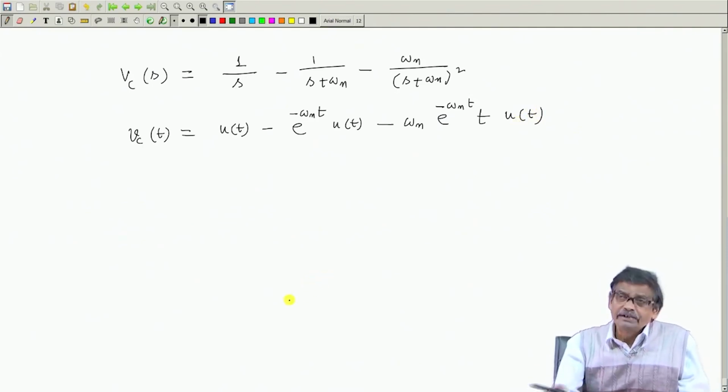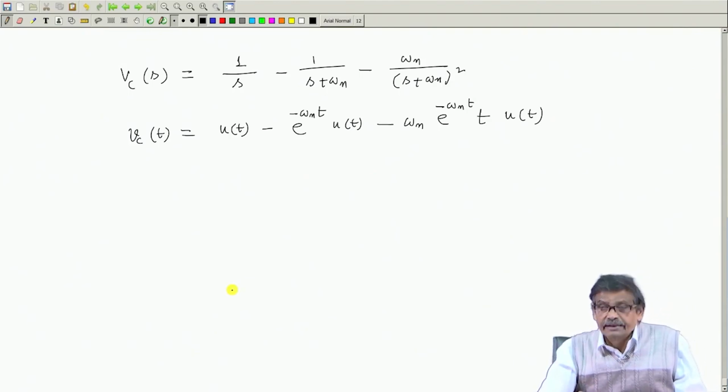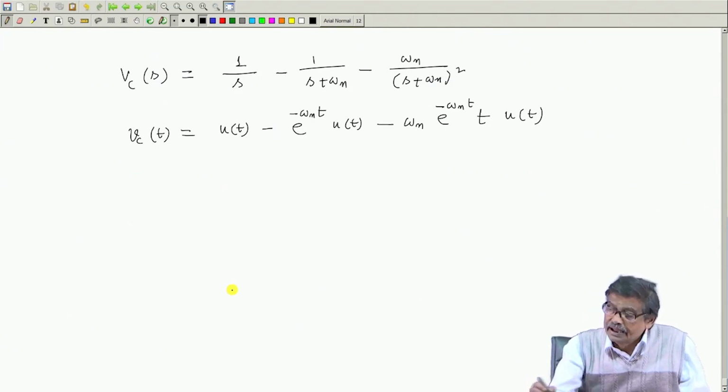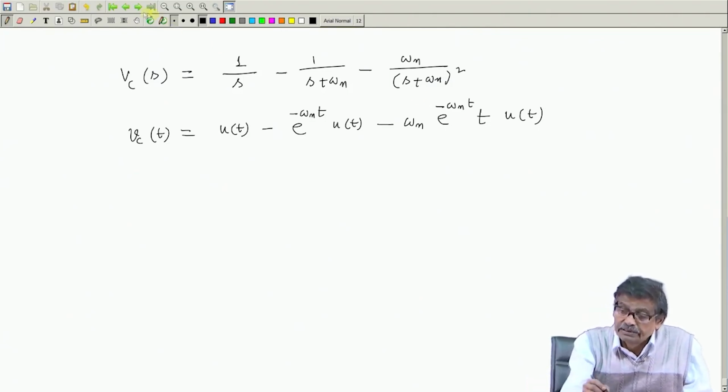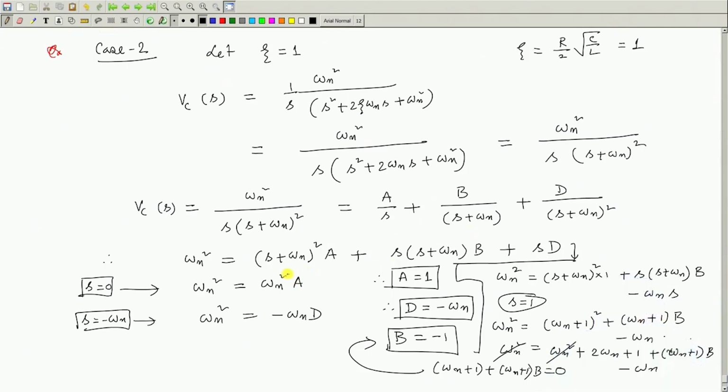See, it also reminds me what the roots of the characteristic equation are here. They are real roots and repeated roots, is it not? The characteristic equation was this part, in this case. It is this one, where 1 by s is the input signal.